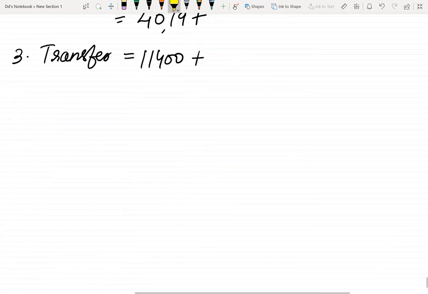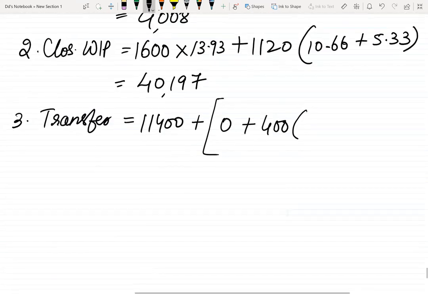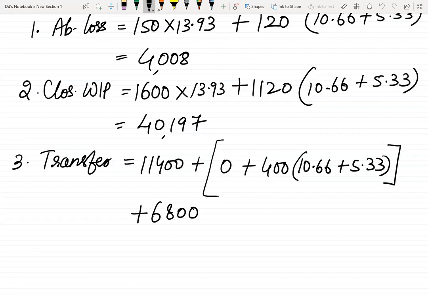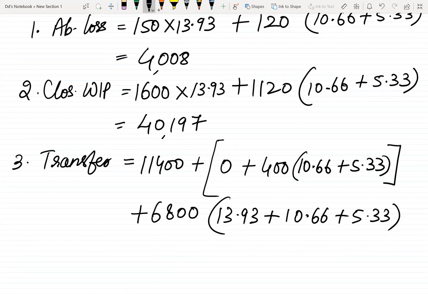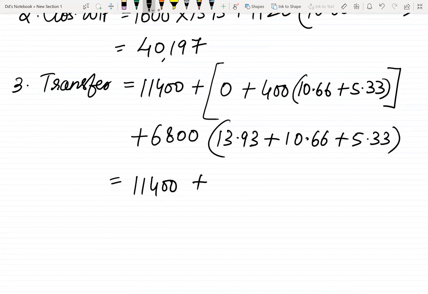So this will be in bracket 0 plus 400 into 400, which is common for labor and overhead, 10.66 plus 5.33, plus additionally for balance 6800 units, it's all 100%, therefore 13.93 plus 10.66 plus 5.33. Work out 11400 plus this number.